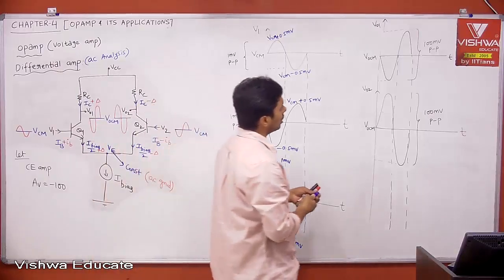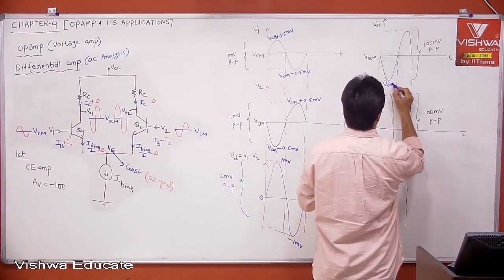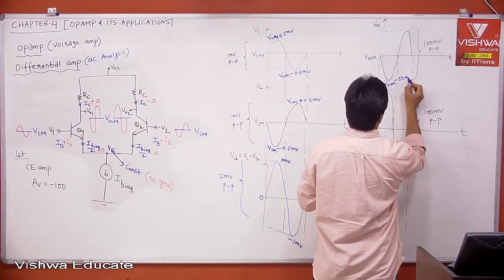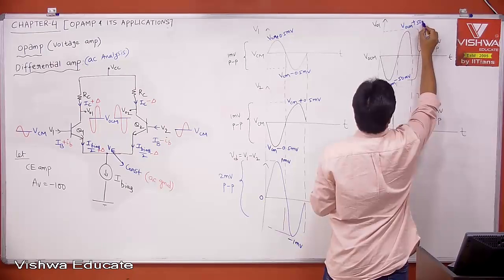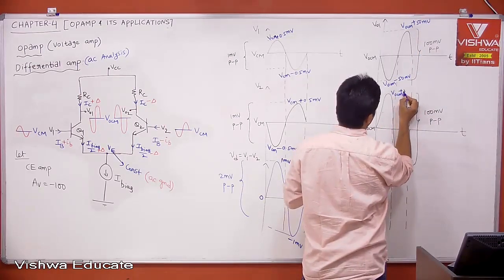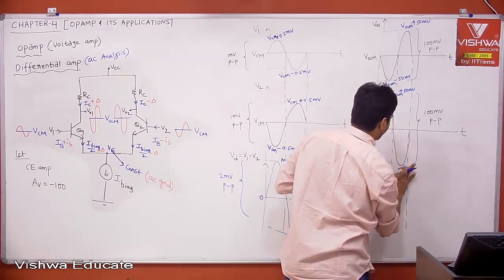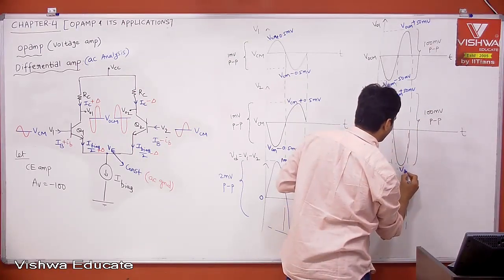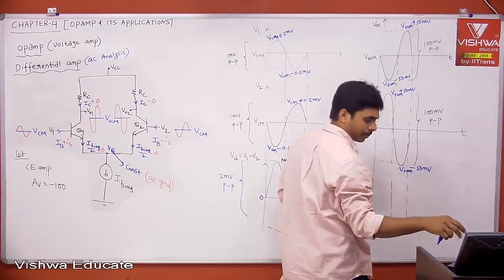Now, if you see here, let us say this is VOCM minus 50 millivolt and this is VOCM plus 50 millivolt. Similarly, VOCM plus 50 millivolt and now VOCM minus 50 millivolt.